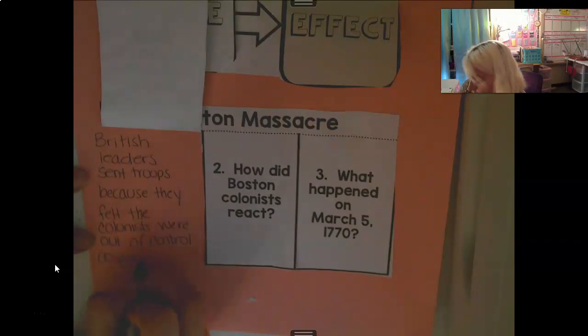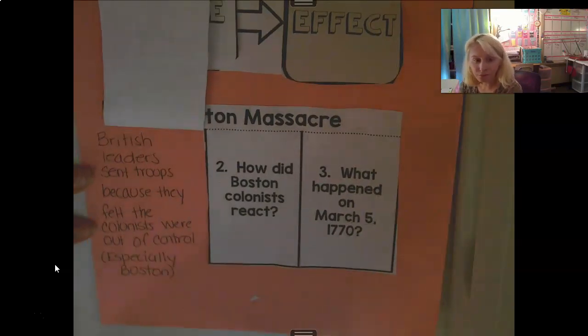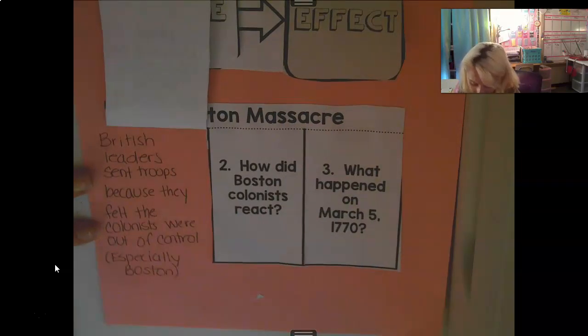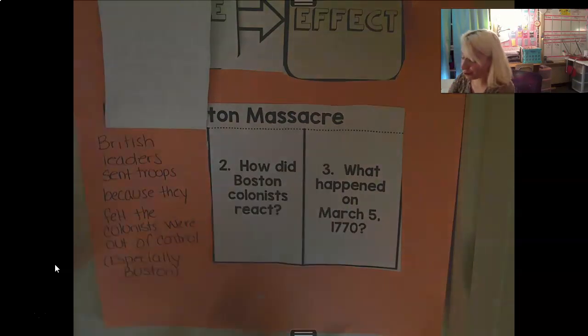Especially Boston. That's where the tea was dumped, right? In the Boston Harbor. So now troops have shown up in Boston. I don't think that's going to make the situation better.